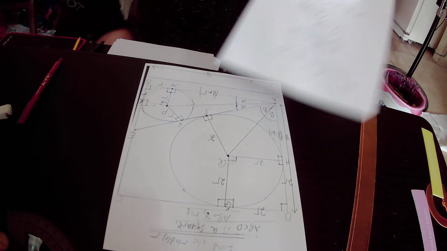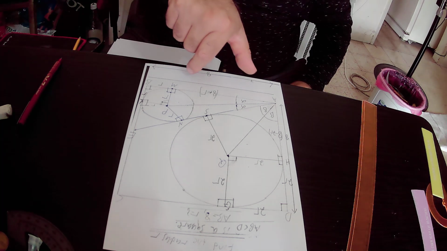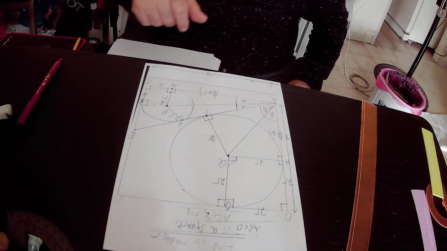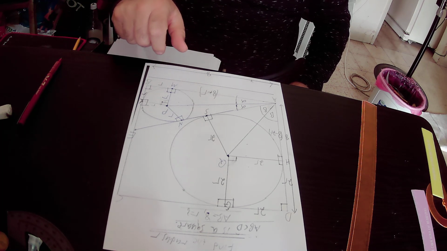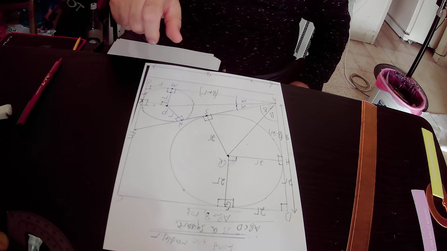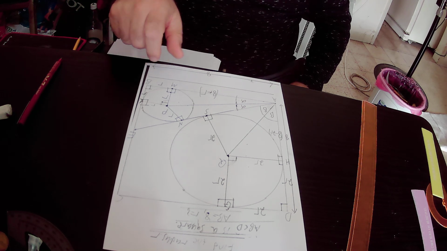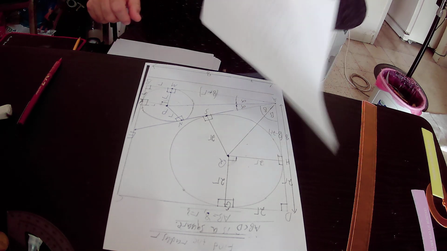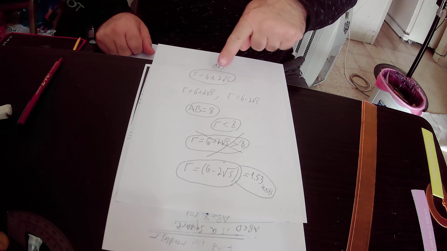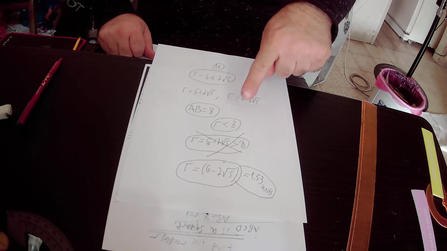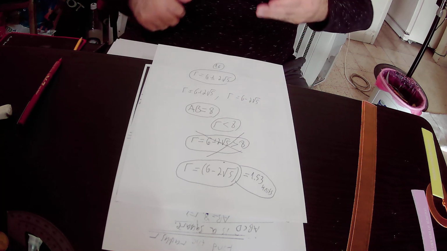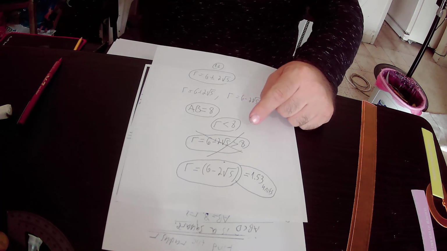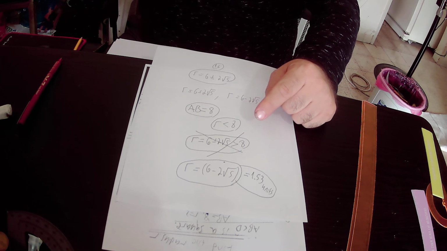But because one side of this square equals 8 units, and the small circle is inside the square, therefore its radius must be less than 8 units. So the answer that the radius of the circle equals 6 plus 2 times root 5 is greater than 8 units, it is not correct, because the radius of the small circle must be less than 8 units.